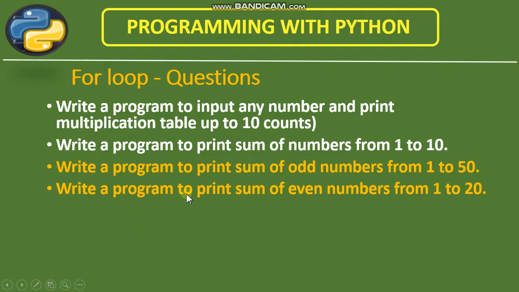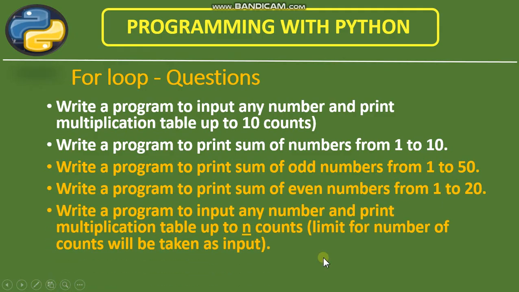And then the next one: write a program to print the sum of even numbers from 1 to 20, similar to this, this time the sum of even numbers. And this last one: write a program to input any number and print a multiplication table up to n counts. The limit of number of counts will be taken as input. Means this last one is similar to the first one.